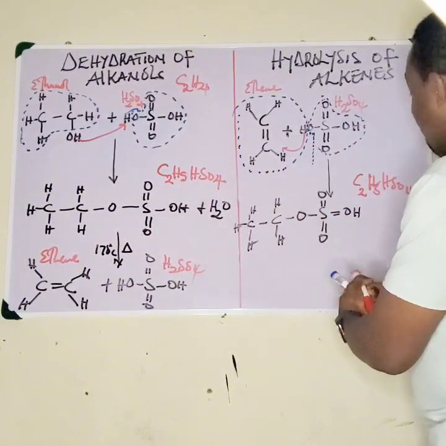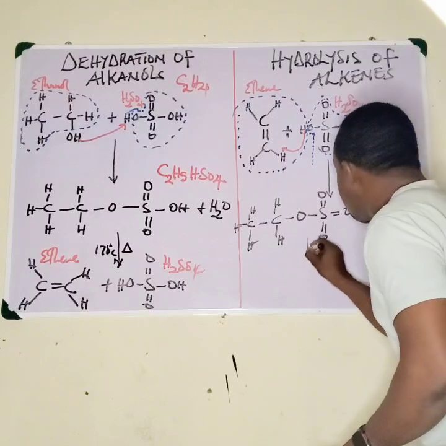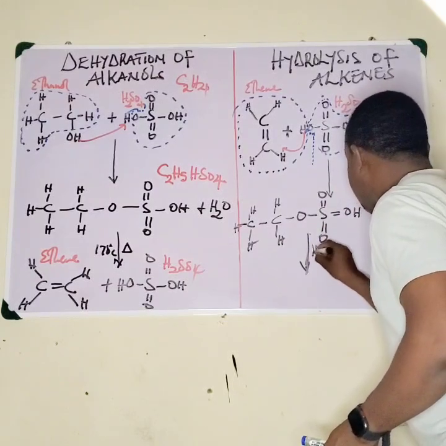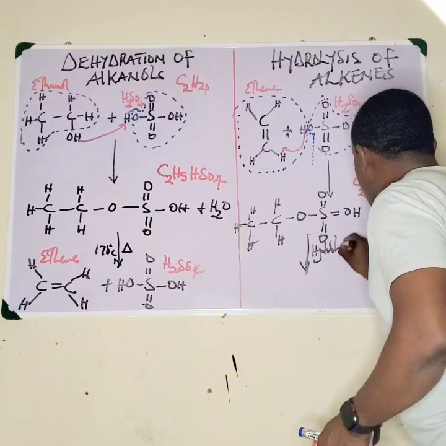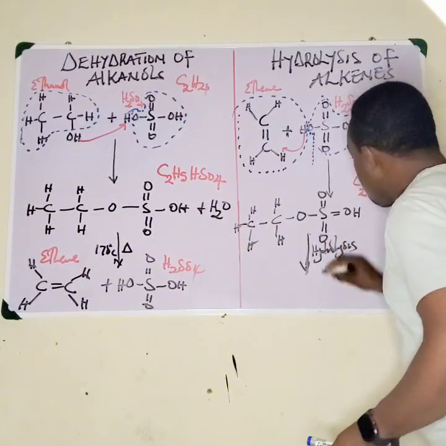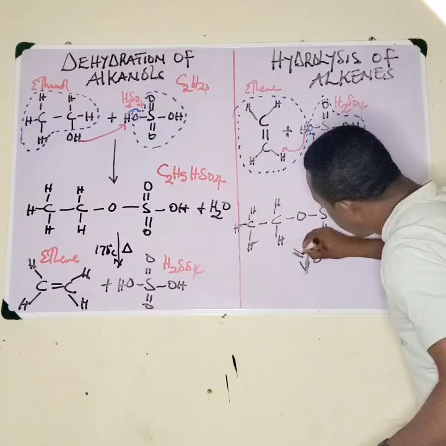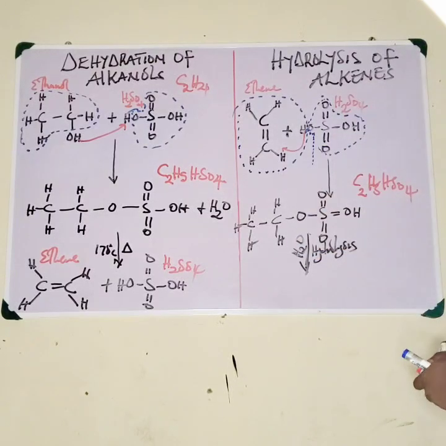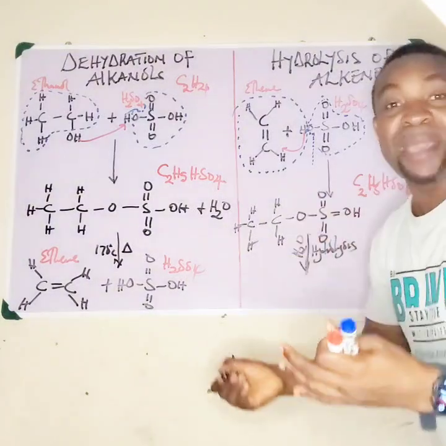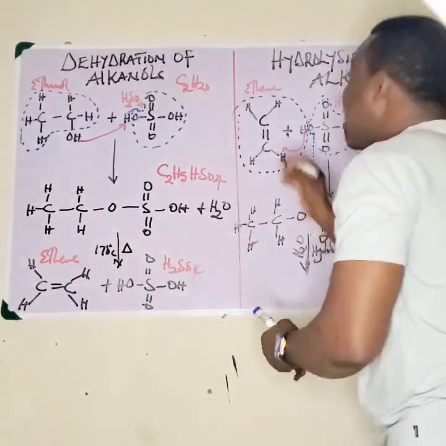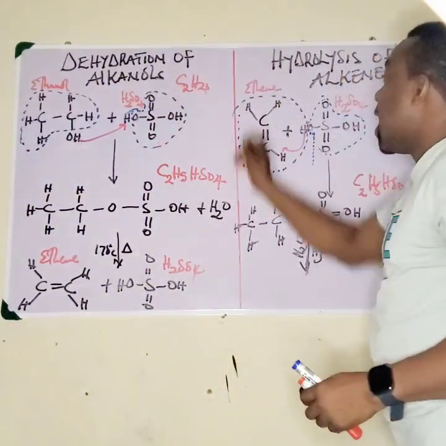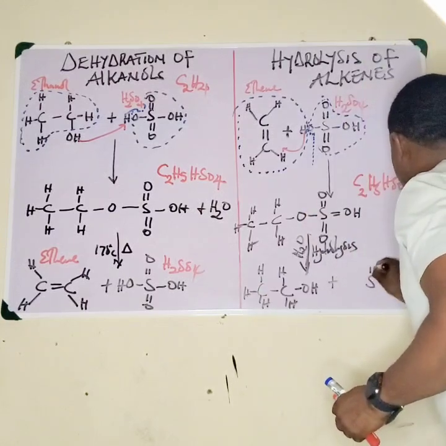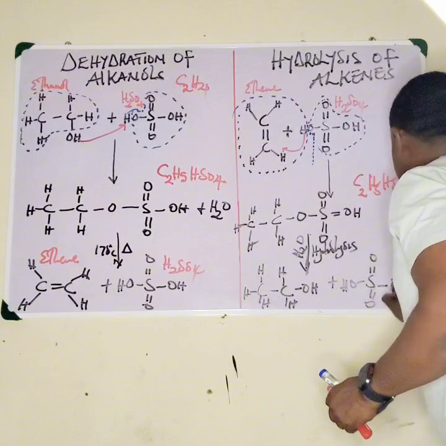So when you subject this intermediate to what we know as hydrolysis, when it undergoes hydrolysis with water, what we are going to form is ethanol plus we are still having our H2SO4.